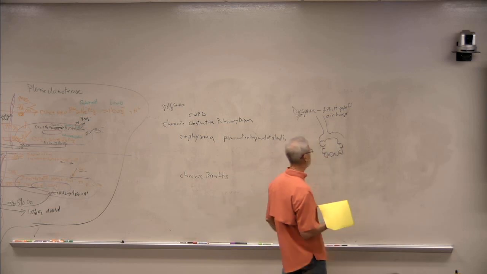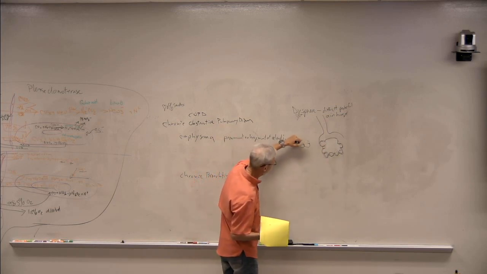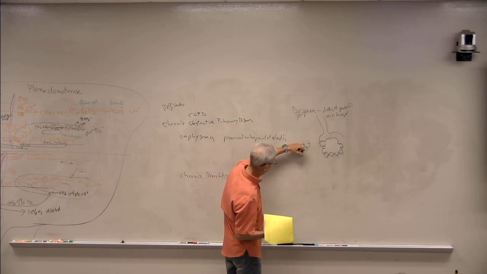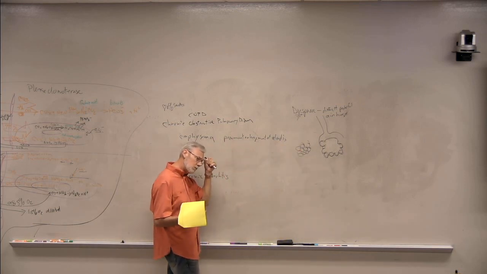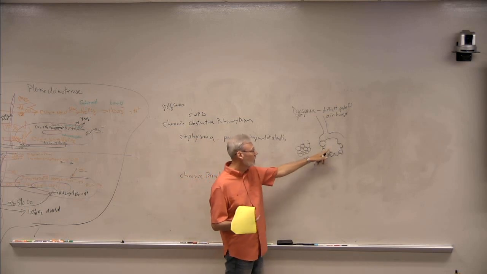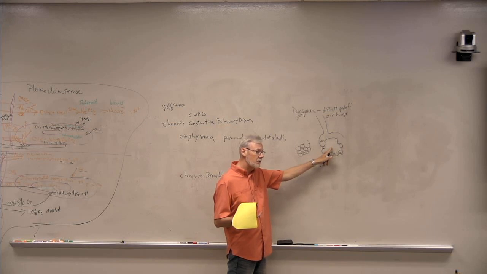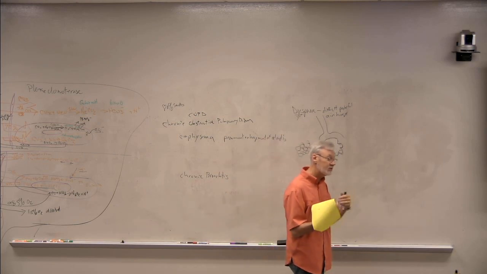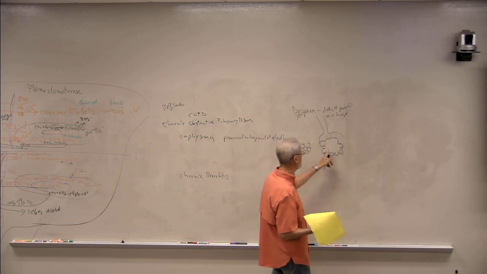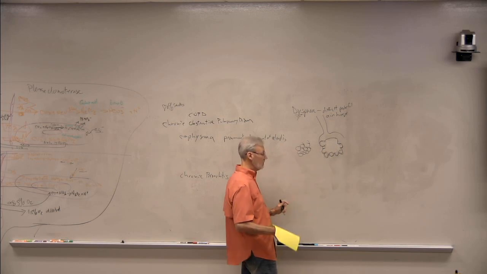So if you look at that compared to normal, what does that tell you? We have a lot less surface area. You need surface area to exchange gases, and if the surface area isn't there, these became consolidated.